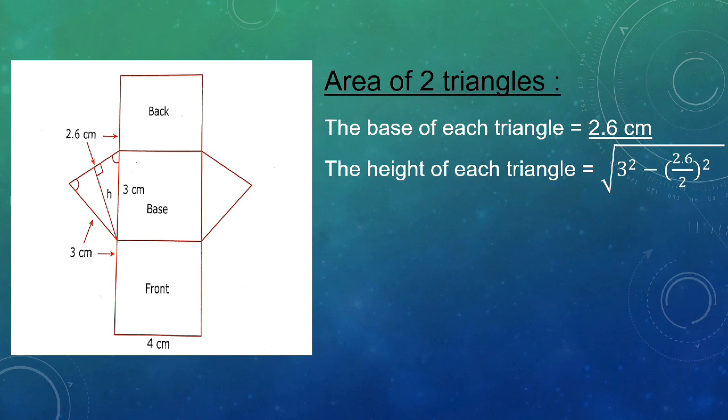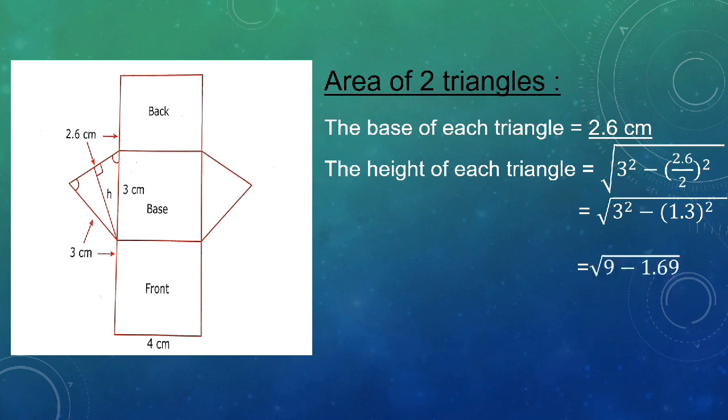Because, okay, it is a triangle, so we will divide the base into 2 so that we can make a right angle, so that we can find the height. So the answer is, okay, square root of 3 squared minus 1.3 squared, since 2.6 divided by 2 is 1.3.